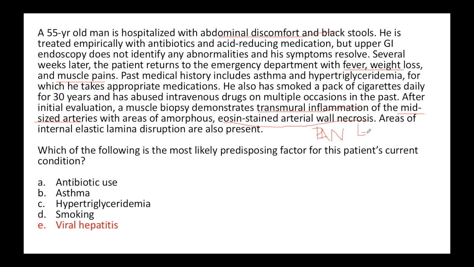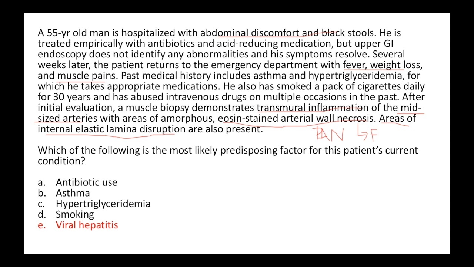So when we talk about that, we are talking about fibrinoid necrosis going on. And there are also areas of internal elastic lamina disruption. So you see different processes going on, so different stages of inflammation occurring.